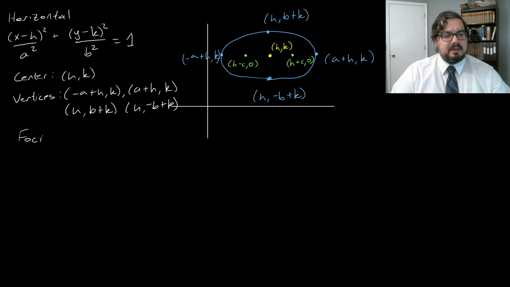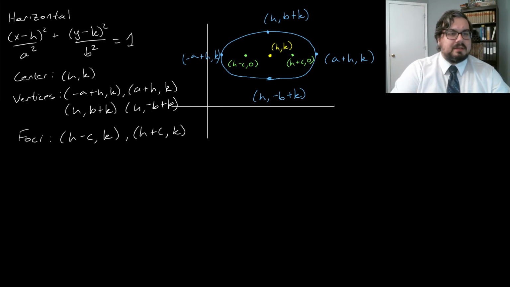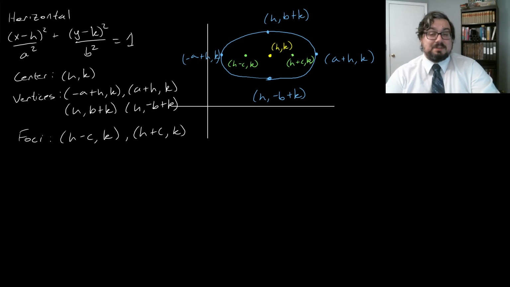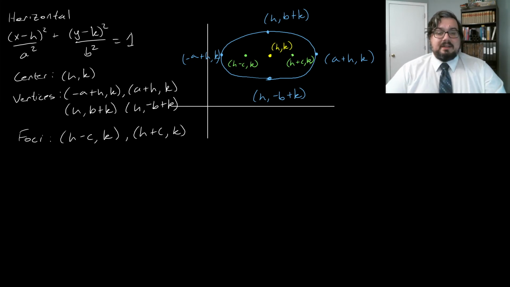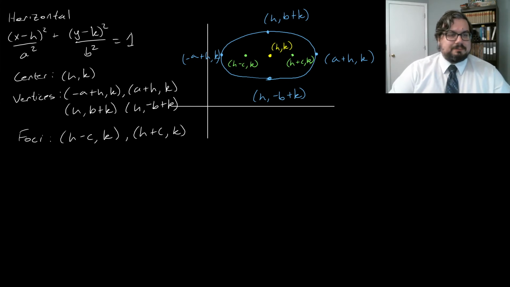And the foci are going to be at h minus c comma k and h plus c comma k. All right, the y coordinates of the two foci should be the same as the y coordinate of the center in this diagram.